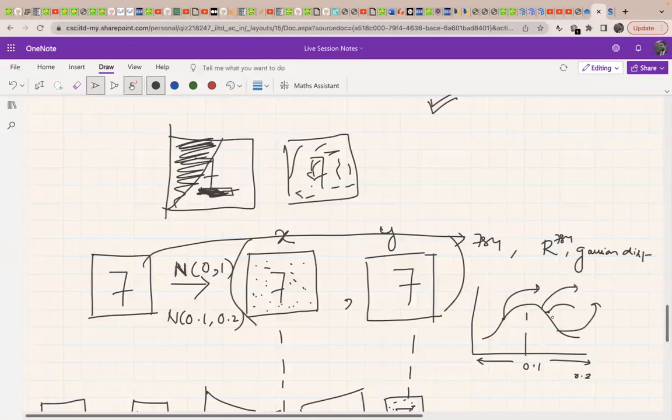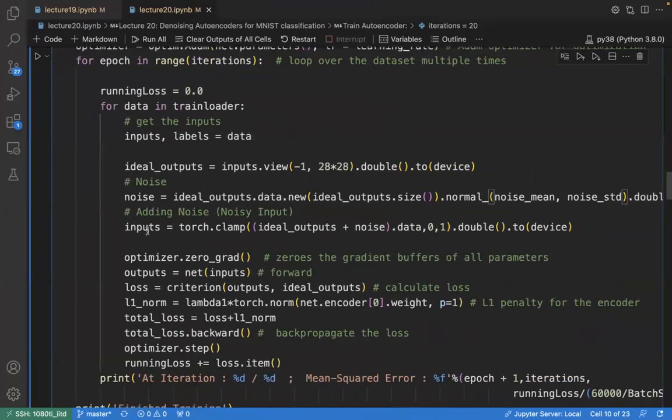Each time we sample, it will be picked from different points, and we will get noise of dimension 784. And we're directly adding that noise to the input. Like you would take this 7 plus noise, and you'll get a noisy 7 from it. Here is the ideal input, and here is the noise. We are sampling noise from a normal distribution with the noise mean and noise standard deviation.